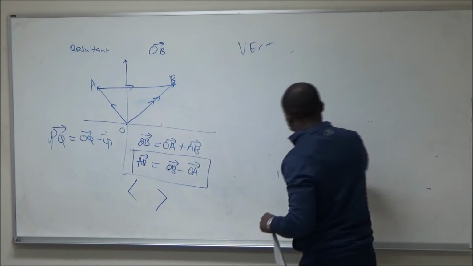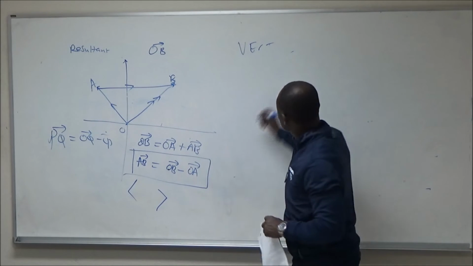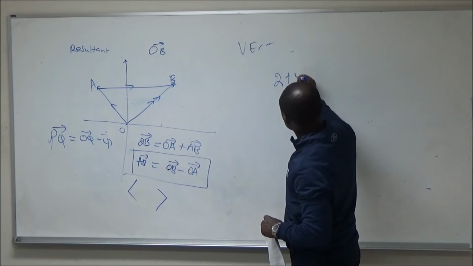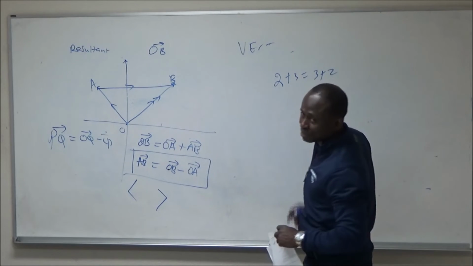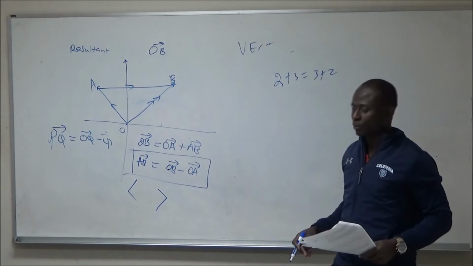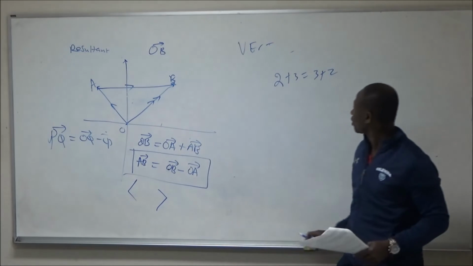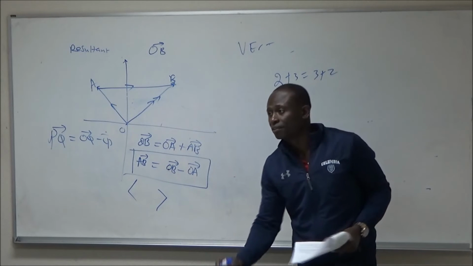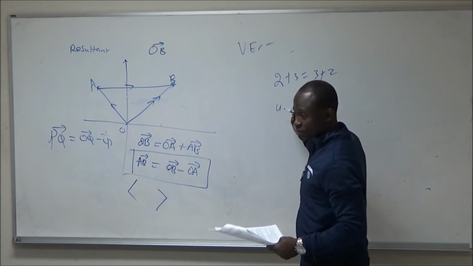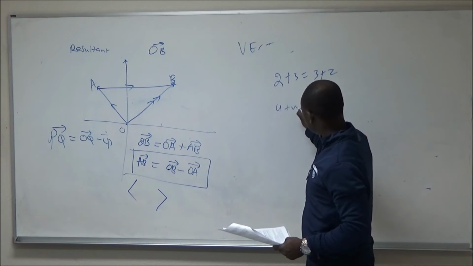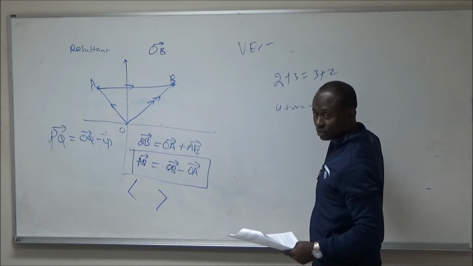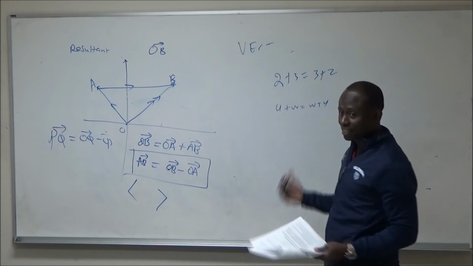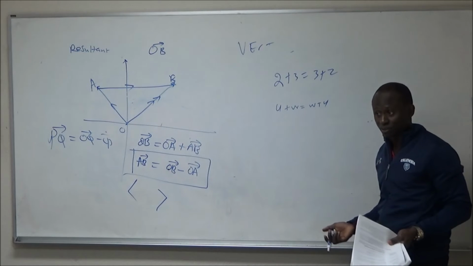You know how we say that 2 plus 3 is the same as 3 plus 2. What's this property in math? What is it called? Yeah, this is commutative, right? So vector addition is also commutative. So if I have a vector u plus w, it is the same as w plus what? U. Vector addition is associative as well, right?